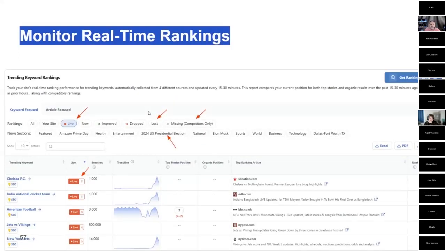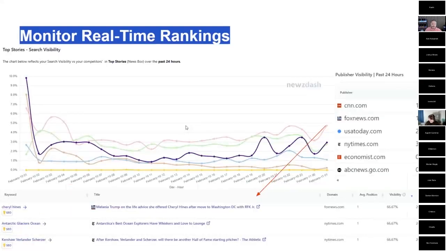When I track keywords, I like to focus on live, which keywords Google is actually showing the live red label for. If you have live blog posting and stuff like this, it's very important to know where Google is showing these, what did I lose, what is missing, and whether competitors are ranking or not. I also like to spy on your competitors' share of traffic with a tool.